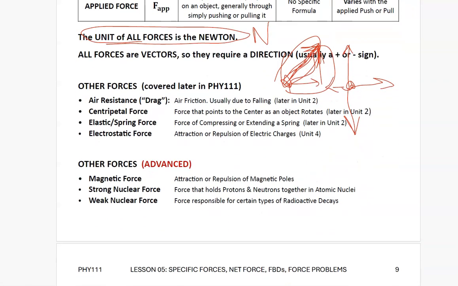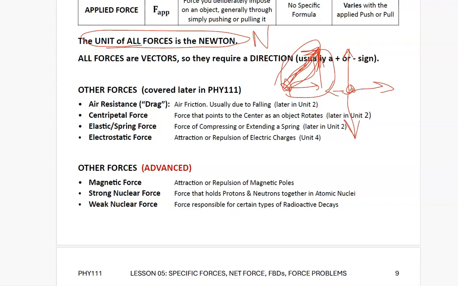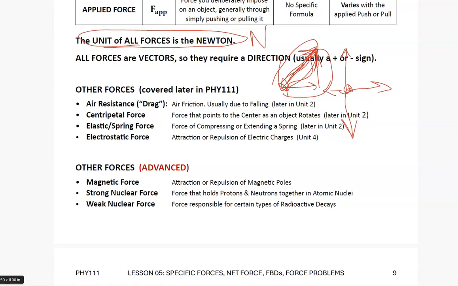Now, if we scroll down to the bottom of this page, you see there are other forces, a number of other forces that we do not cover in this course, and here are three of them. Magnetic force. This is the attraction or repulsion of magnetic poles, the north and south poles of magnets. And the last two forces listed here are the strong nuclear force and the weak nuclear force.